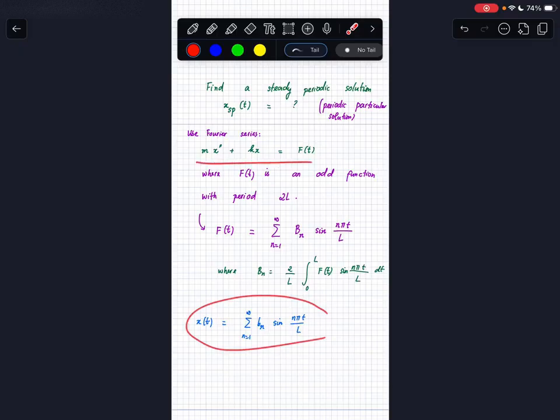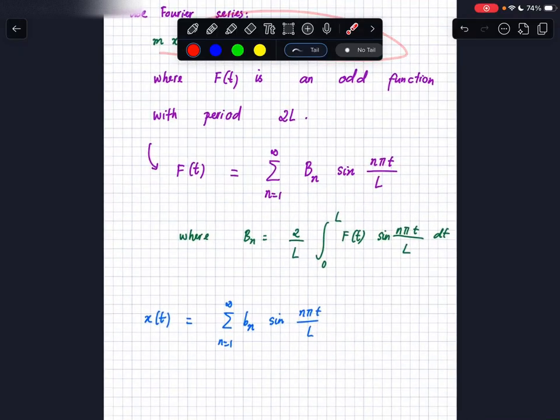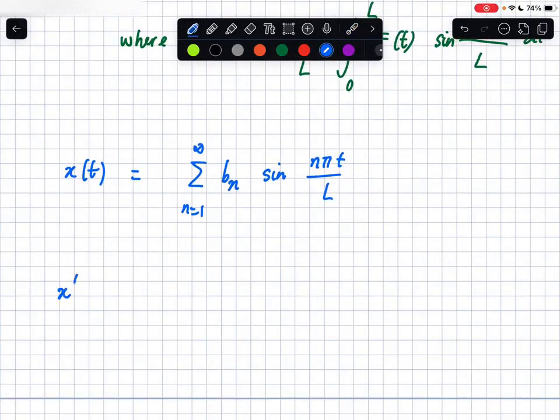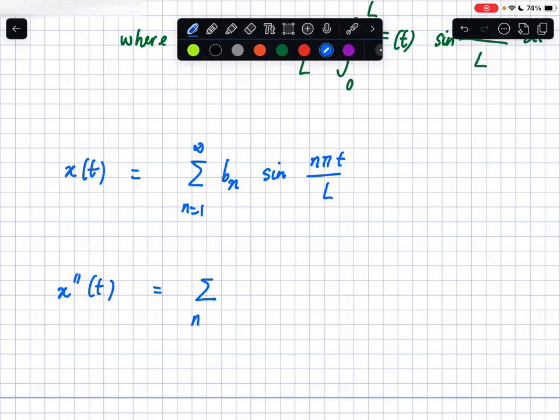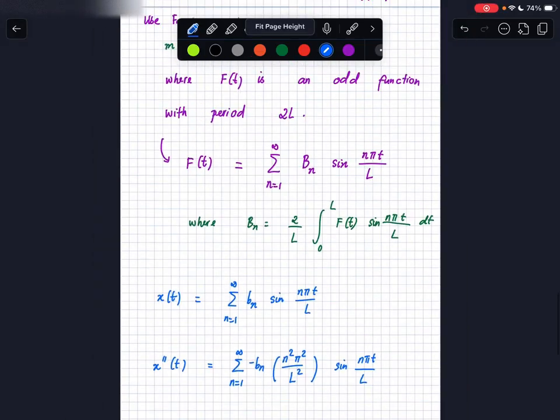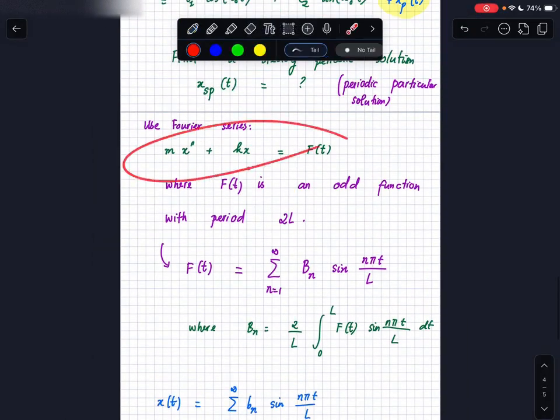You compute this one, you plug in here. x double prime(t), you do it term by term: b_n, so actually minus b_n because we differentiate 2 times, n square pi square over L square sine n pi t over L. And plug in this system.